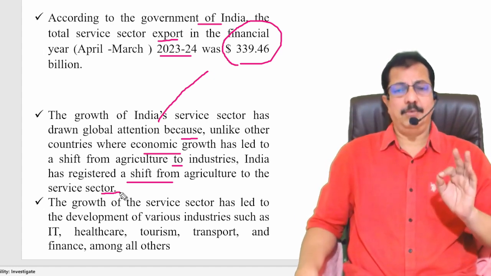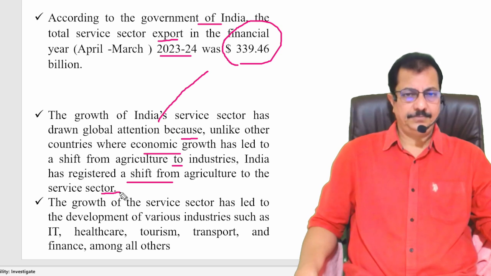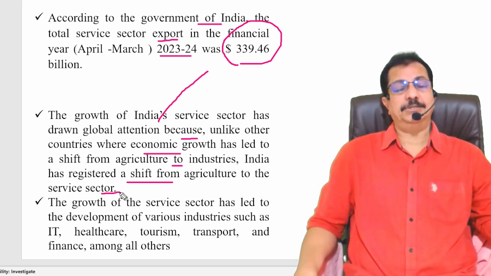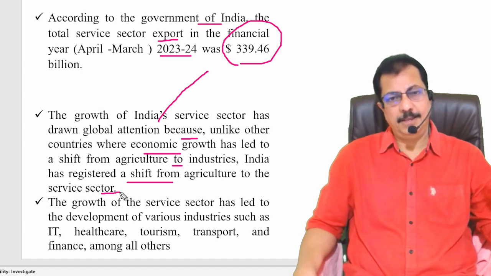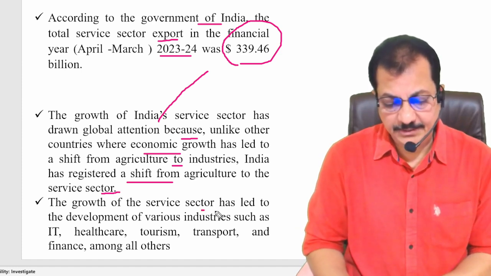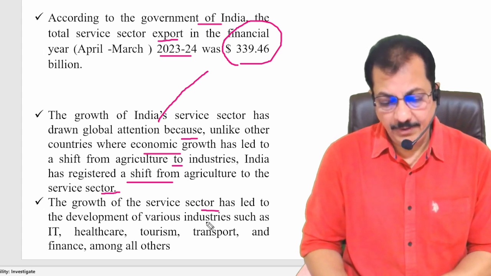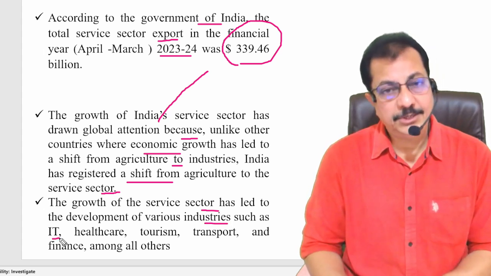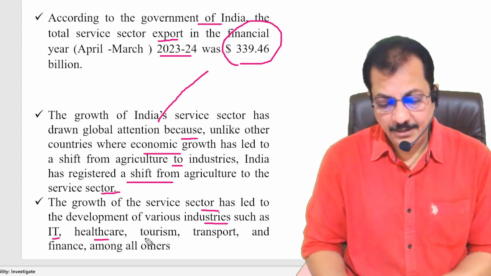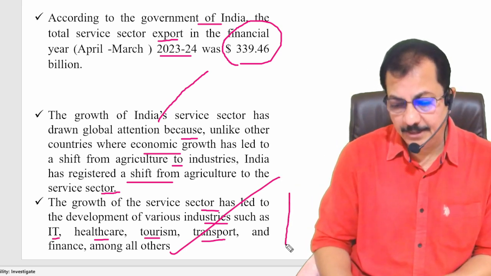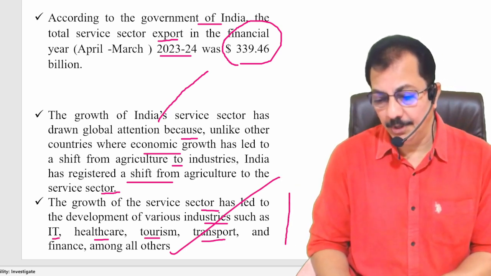This point I have explained to you in the earlier class, so hopefully you remember this one. Otherwise, please refer to your notes. Clear? Next, the growth of the service sector has led to the development of various industries such as information technology, healthcare, tourism, transport, and finance, among others. This point we have discussed in the earlier class only.